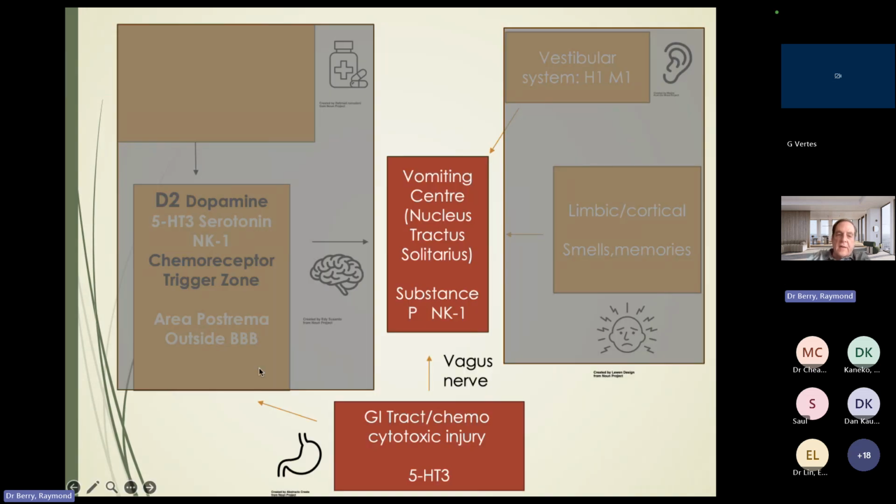Just focusing on the diagram I had earlier, cytotoxic injury releases serotonin through the vagus nerve. This is perfect for chemo, so ondansetron is amazing for chemo. Other medications blocking the neurokinin receptors also work well for chemo because that's activated through the serotonin, but they don't work for all the other things we saw that are primarily the causes of nausea in palliative care.